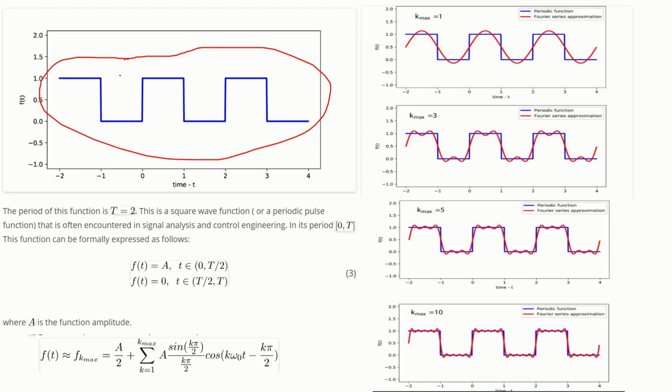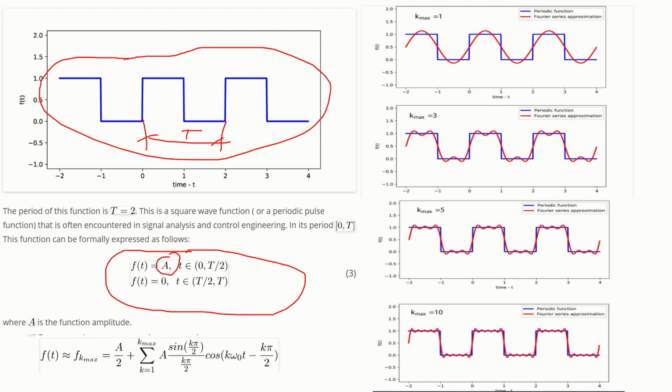Now, the period of this function is 2 seconds. T is the period. Mathematically, this function is described as follows. A is the amplitude, and we leave a general form of the function where A can be any number.